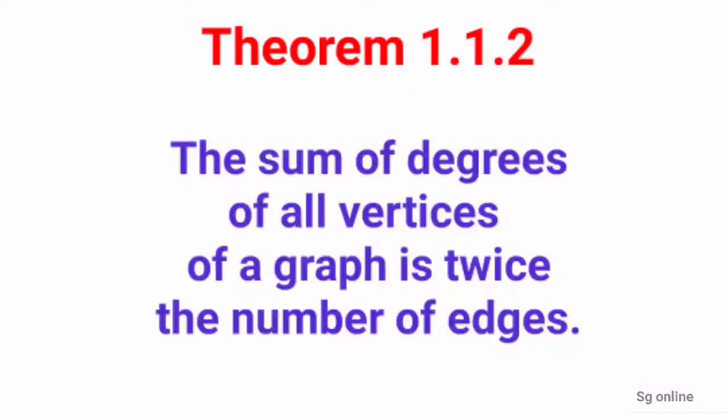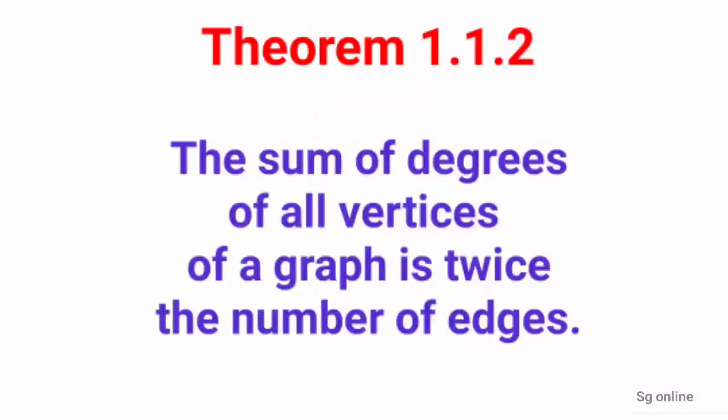If we have a single edge, then it contributes 1 each for its endpoints, and if you have a loop, then it contributes 2 to that vertex. So each edge, whether it is a loop or not, contributes 2 to the sum of the degrees, and so the sum of the degrees is twice the number of edges. So it is very much clear.